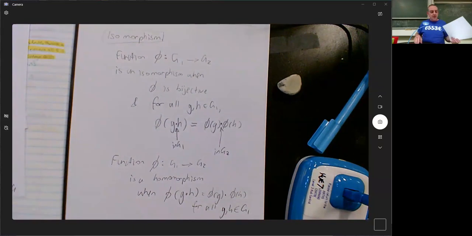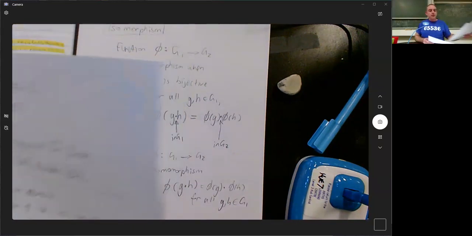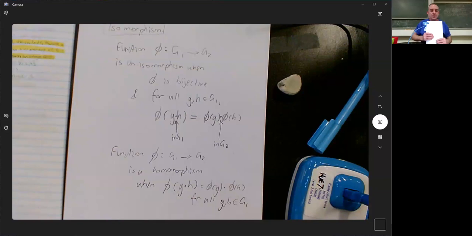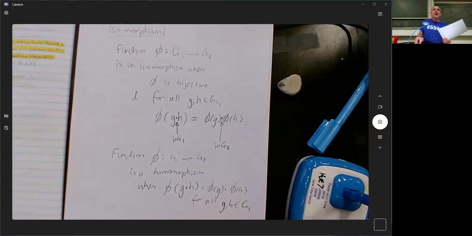So Jasper is saying the first isomorphism theorem. What does the first isomorphism theorem say? I wish they didn't number them.